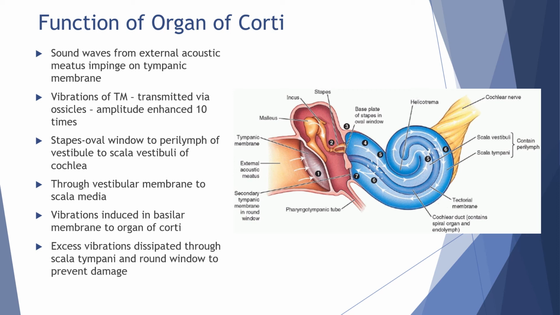These vibrations are induced in the basilar membrane, from there to the organ of Corti. If there are any excess vibrations, they are dissipated through the scala tympani to the round window, and this prevents any damage to the inner ear apparatus.